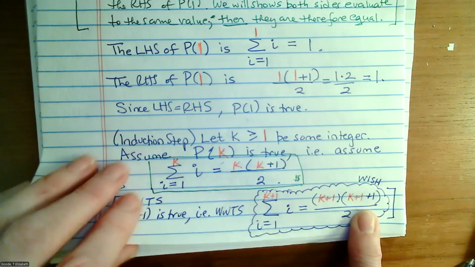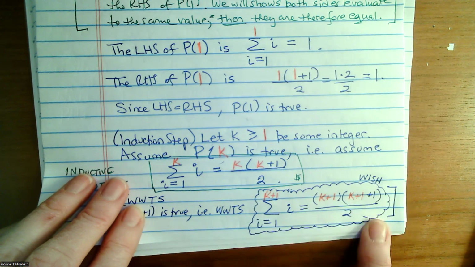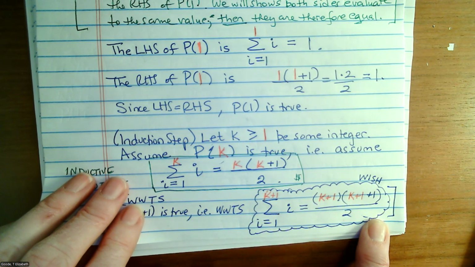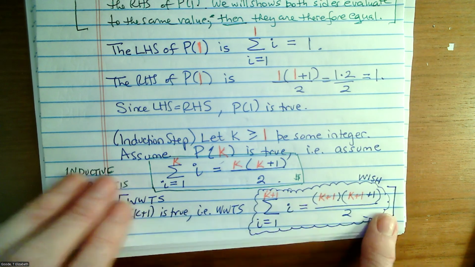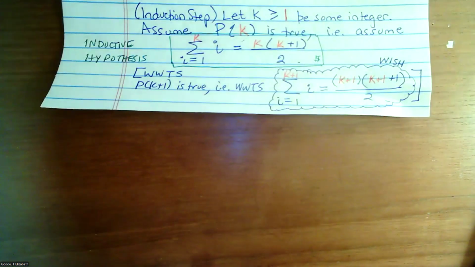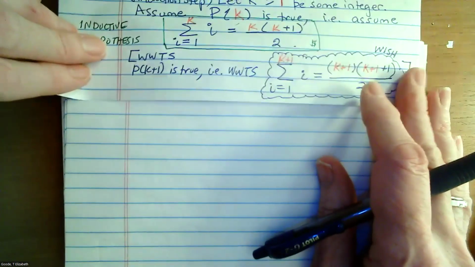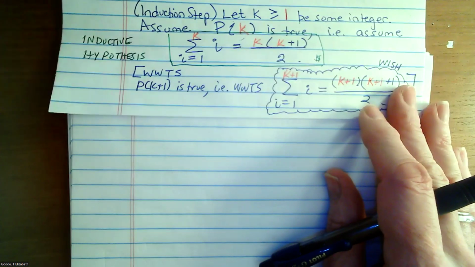And that's our strategy, folks. Start with the left-hand side of p of k plus 1, work on it until it looks like the right-hand side of p of k plus 1. And we're going to keep this where we can see it because we got to keep our eye on the prize. You can't do this blind. You have to know what you're headed for. These proofs, you have to know what you're trying to do or you'll never manage it.